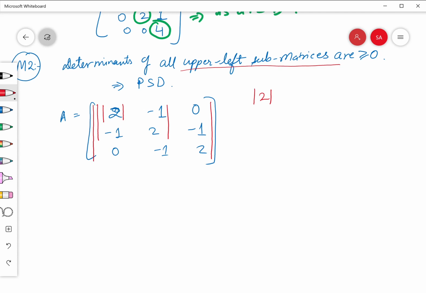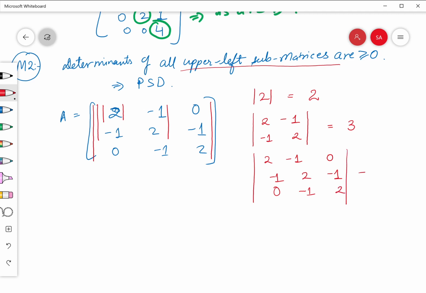The determinant of the first is 2. The determinant of the second is 3. And if you compute the determinant of the whole matrix, it turns out to be 4. So all these values are greater than or equal to 0, hence the matrix is PSD.